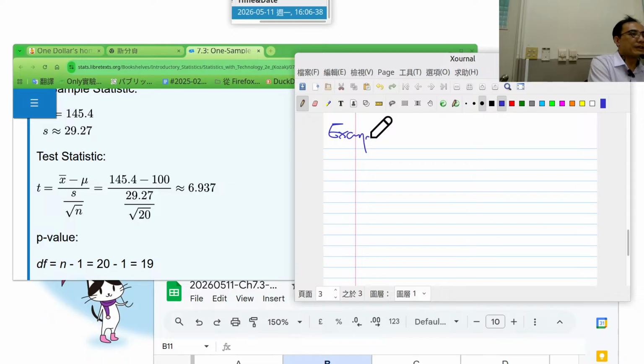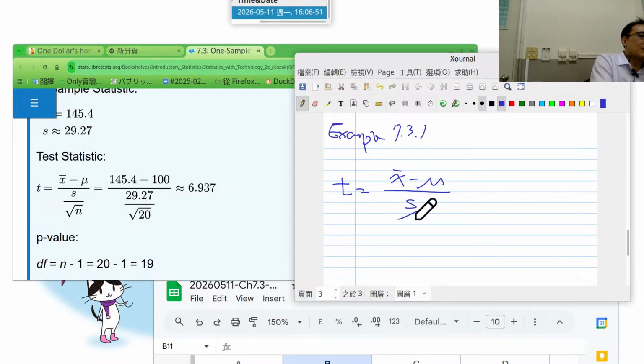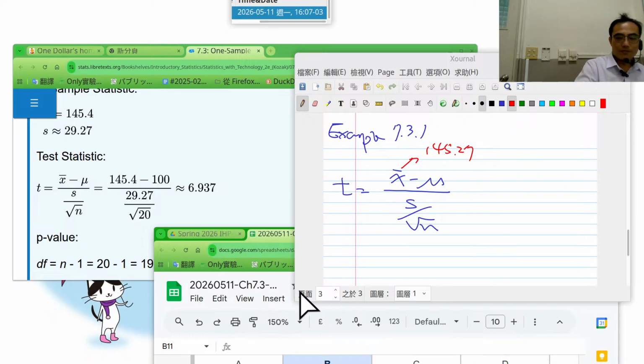Example 7.3.1. We know T is X bar minus mu divided by S divided by square root of n. We know the X bar, that is 145.27. We calculated that from this.